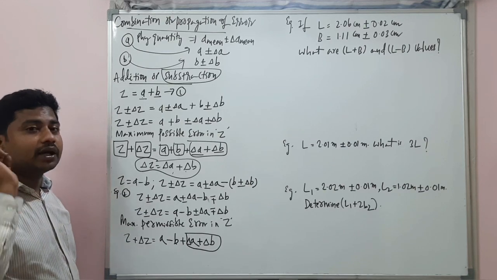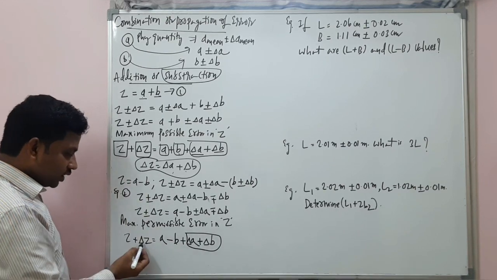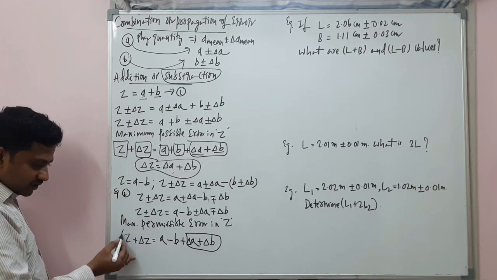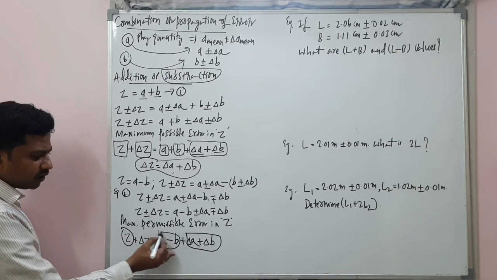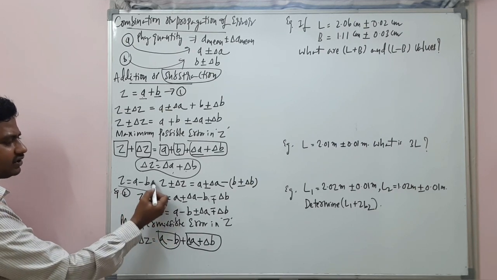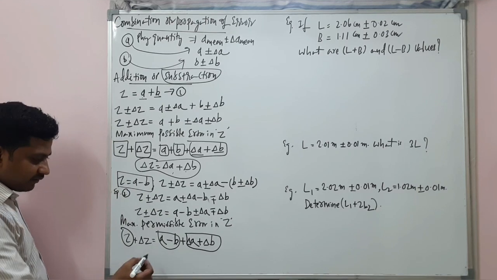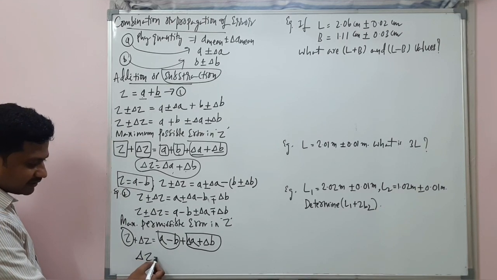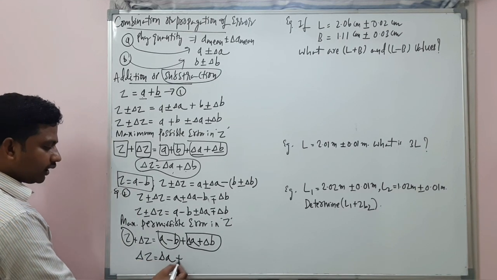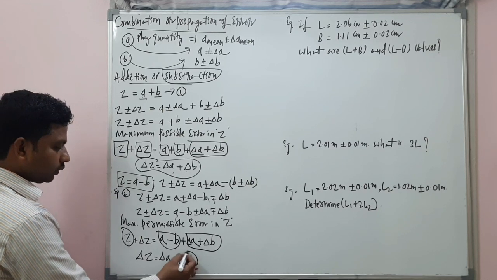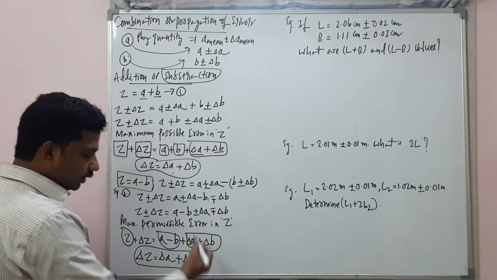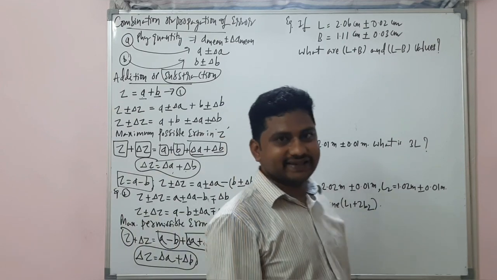Okay, so keen observation is required in this case. So here Z is equal to A minus B, already it is given, and our focus is on delta Z is equal to delta A plus delta B. Okay, clear?